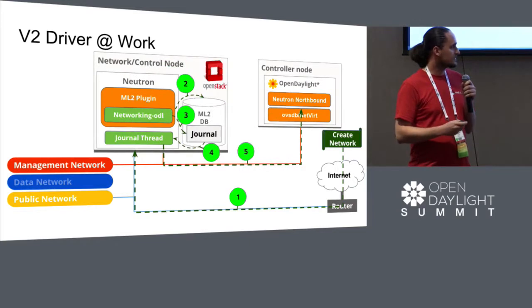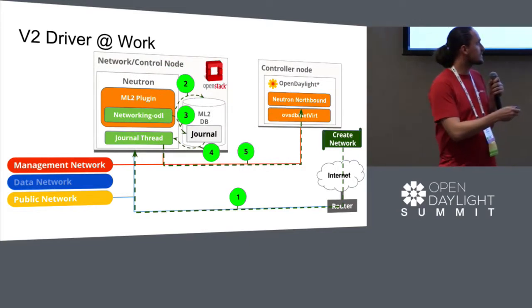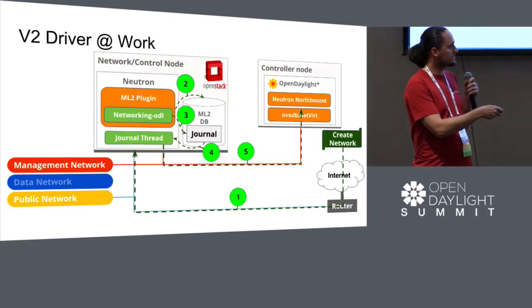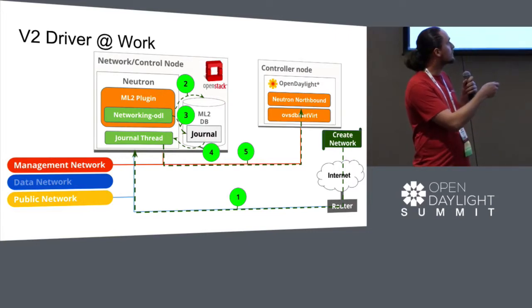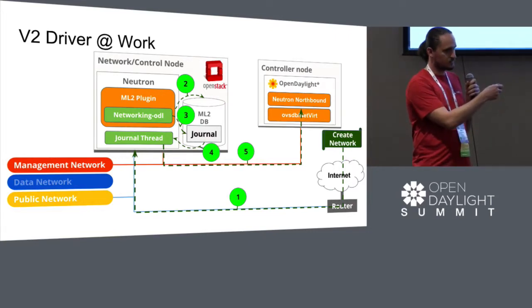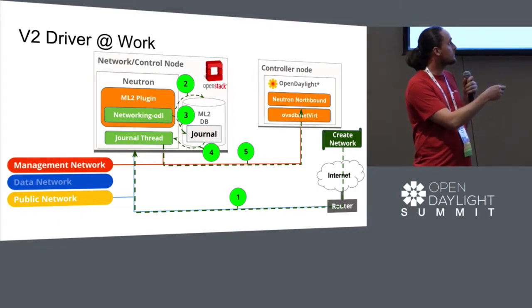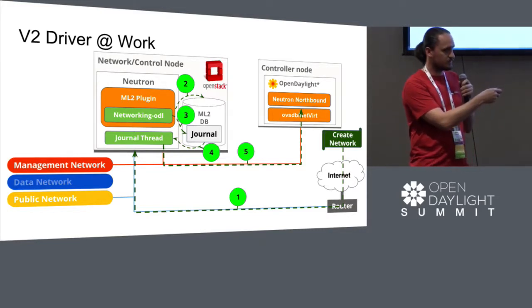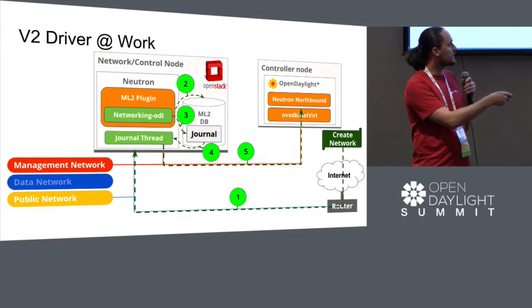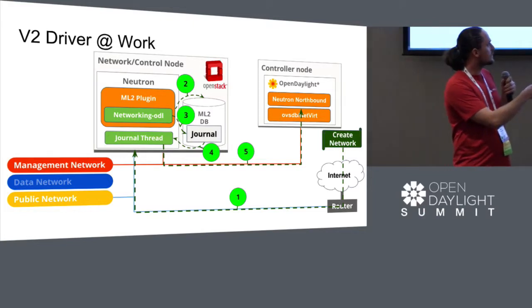So the basic concept of the V2 driver is that the same thing happens. You get the create network, and it goes to Neutron, to the plugin, and the plugin writes it into the database. That all remains the same. We don't have any control over that. But when it gets to the networking ODL, instead of just sending it directly to the OpenDaylight node, we write it into a journal table in the database.